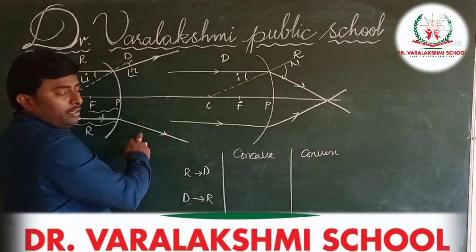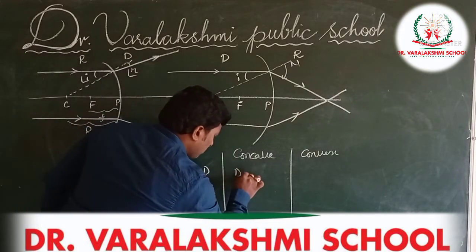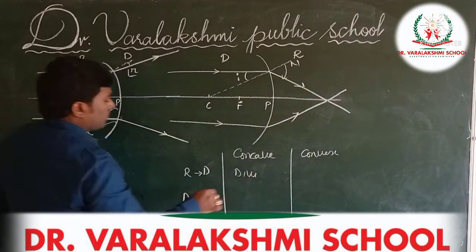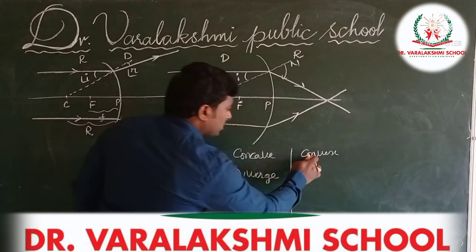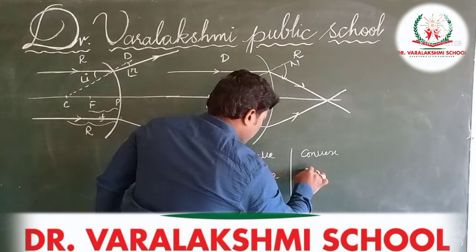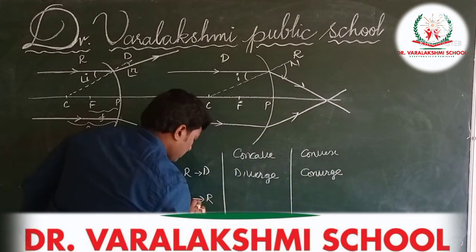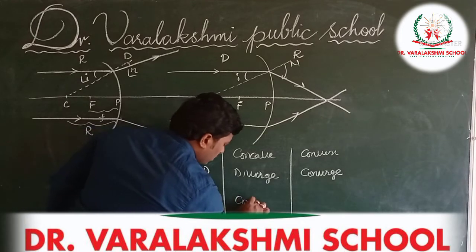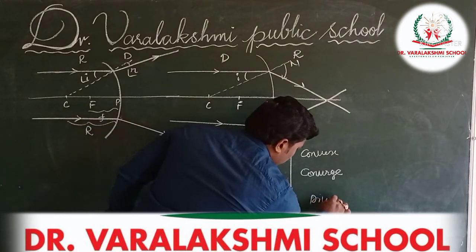Does the light ray diverge or converge? In concave it is diverge. Obviously, in the opposite, in convex surface, that will be converge. And here, denser to rarer, it is converge, and here it is diverge.